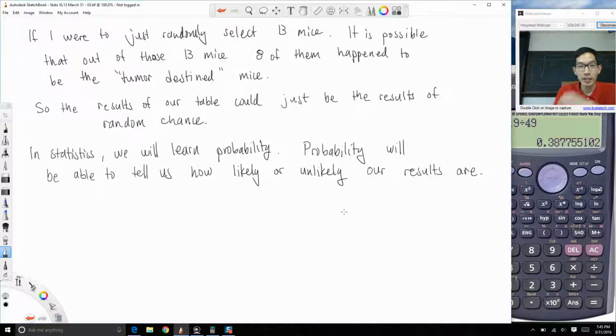That probability will then give us insight as to whether or not we can believe it was a result of random chance alone, or if we should believe that it was not a result of random chance.